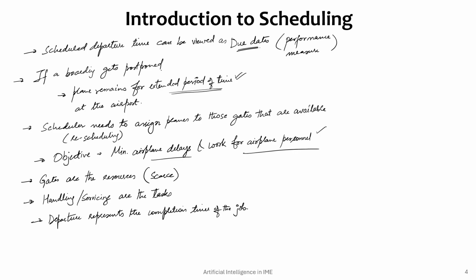So, if you want to model this complete airport scheduling problem, you can identify the objective like this: minimize airplane delays, and your resources like gates, right? Your task is handling these arriving or departing airplanes and servicing of these airplanes, and your departure represents the completion of the job, right?